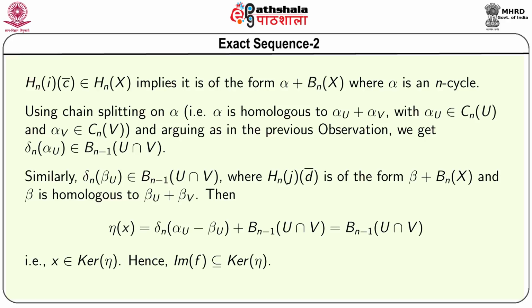As observed earlier, ∂_n α_u is an element of B_{n-1}(U ∩ V). Similarly, ∂_n β_u is an element of B_{n-1}(U ∩ V), where H_n(D̄) is of the form β + B_n(X), and β is homologous to β_u + β_v.